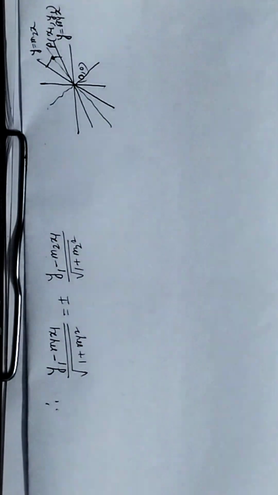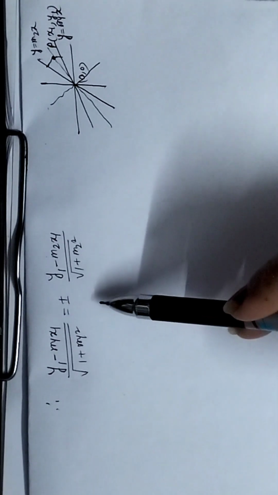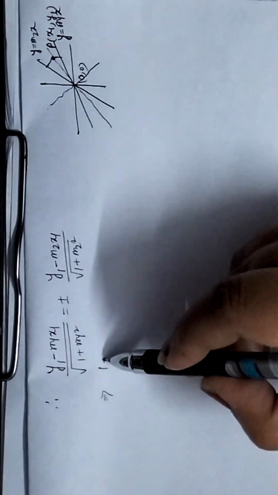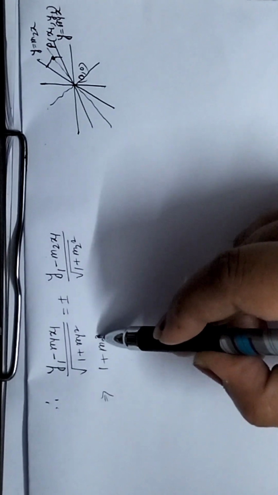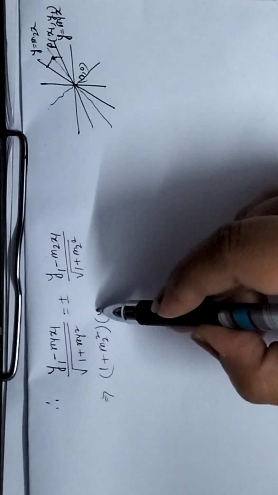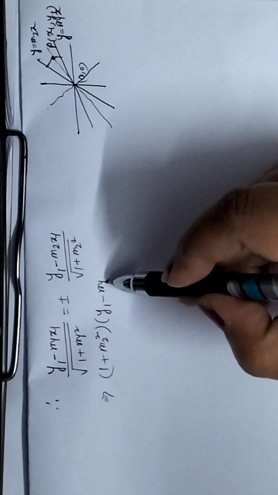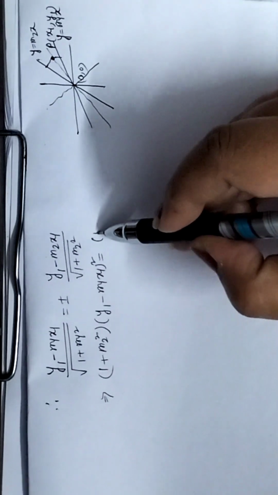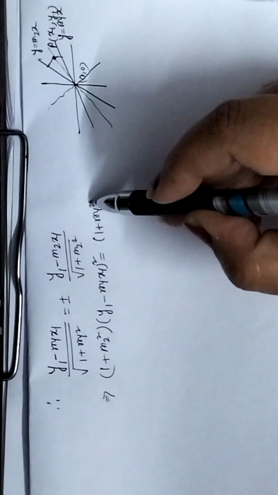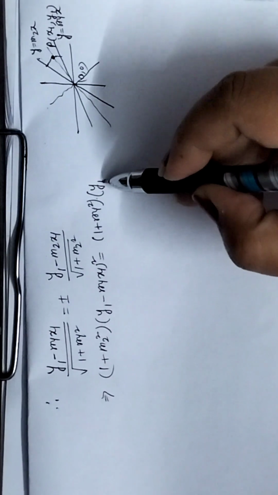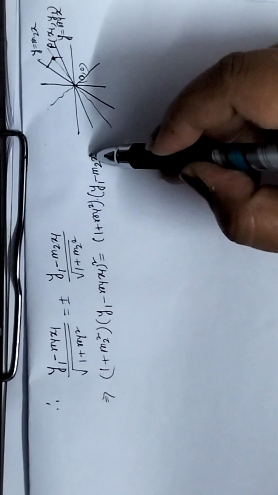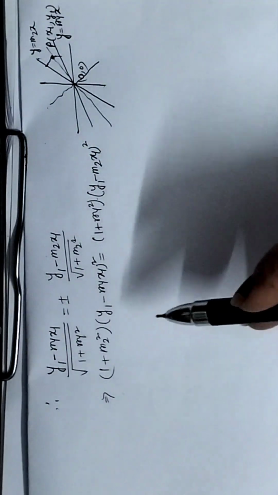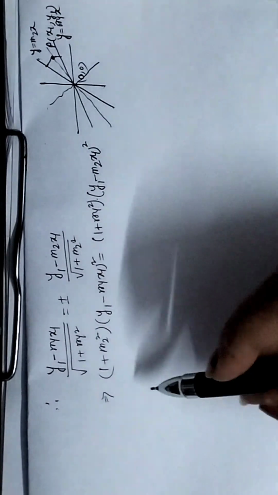Okay. So now after squaring both sides and then after cross multiplication, we will get 1 plus m2 square into y1 minus m1 x1 whole square equals to 1 plus m1 square into y1 minus m2 x1 whole square. Now we have to do a very simple calculation.